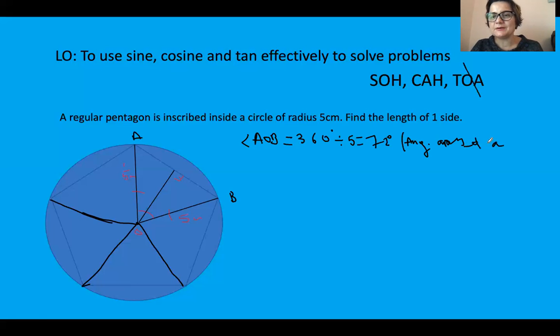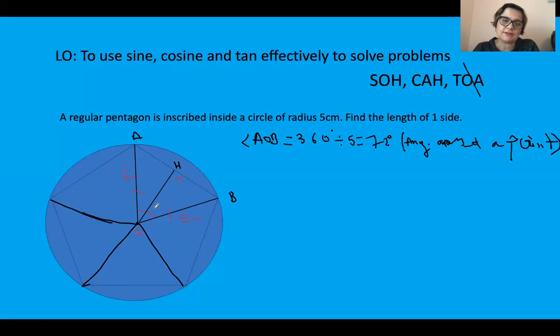You need to always write the reasons in geometry for whatever steps that are not clear why you're using them. So this one is at 72 degrees, and that means if you label this point here H, then angle AOH equals angle HOB.